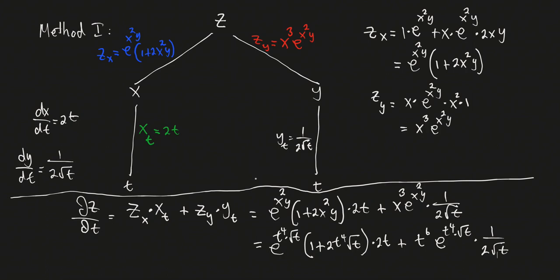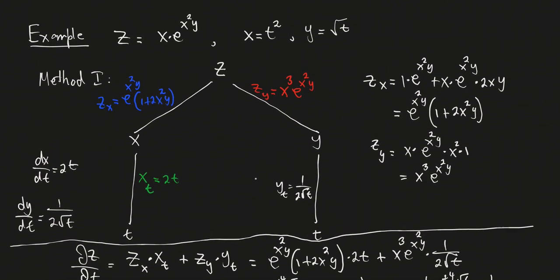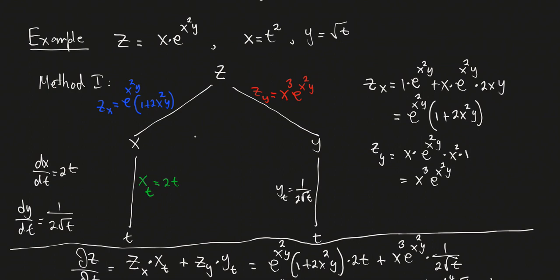The other way, let's say we go back and we want to find dz dt. We're essentially using 3 equations to describe the relationship between these 4 variables, z, x, y, and t. But do we really need 3 equations?